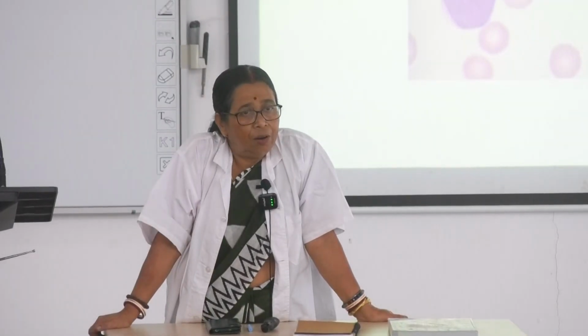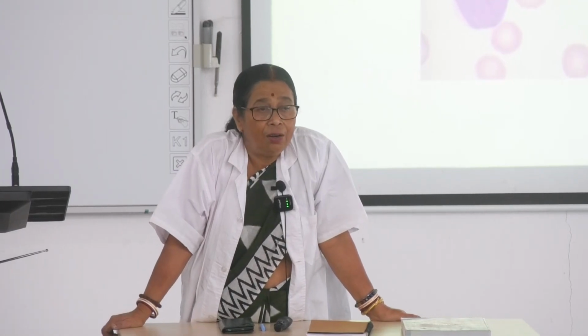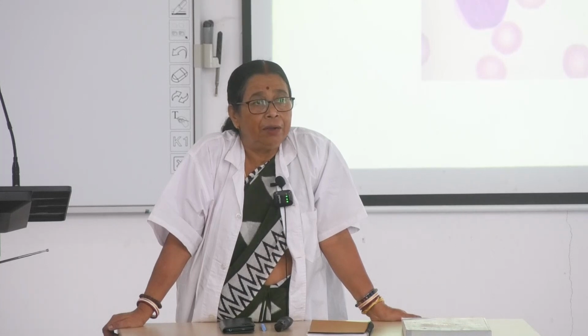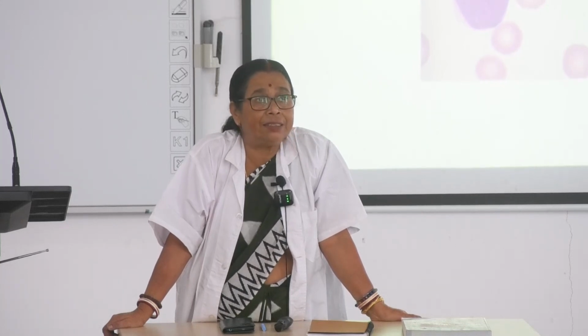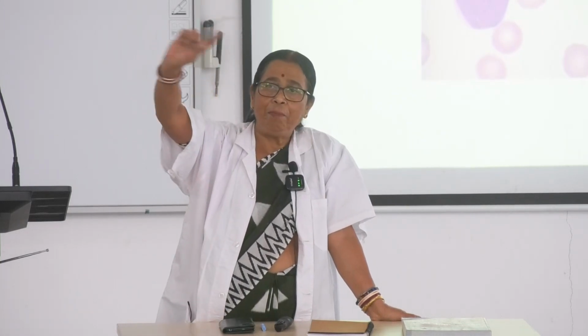টোটাল কাউন্ট ইন কেস অফ লিউকেমিয়া, টোটাল কাউন্ট উইল বি হাই, অনেক বেশি হতে পারে, more than 20,000. Often it is normal or count may be less than 4,000 and blasts are there. High count plus blast: acute leukemia, clear cut.